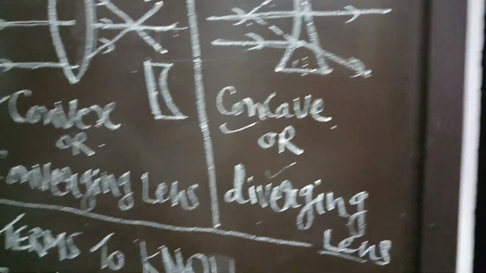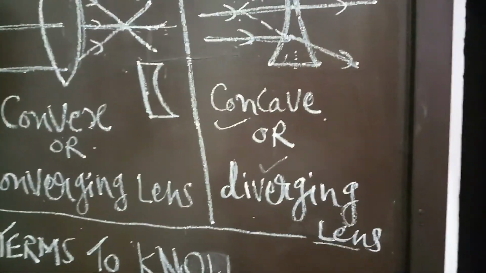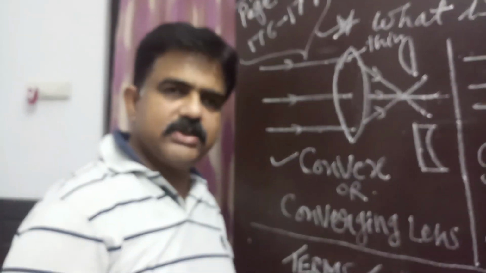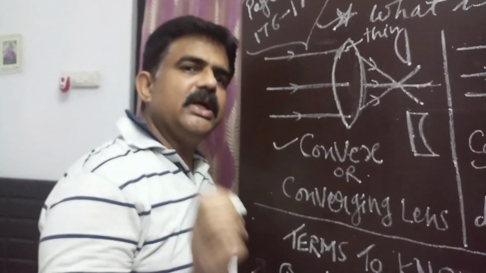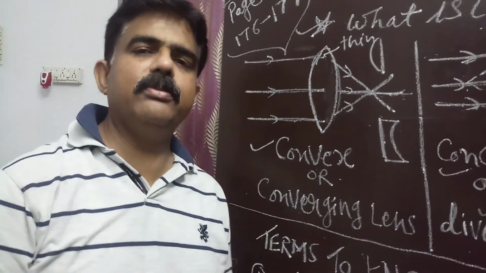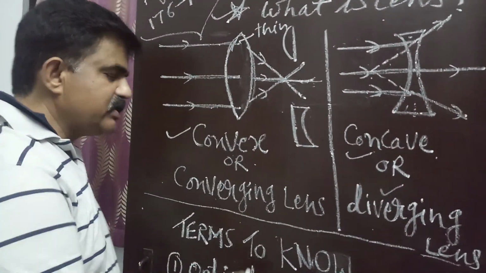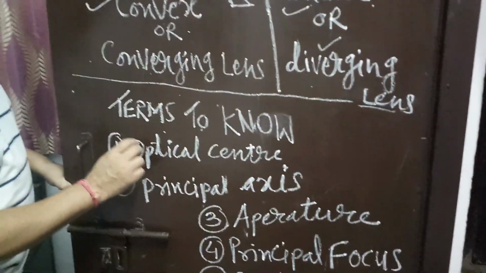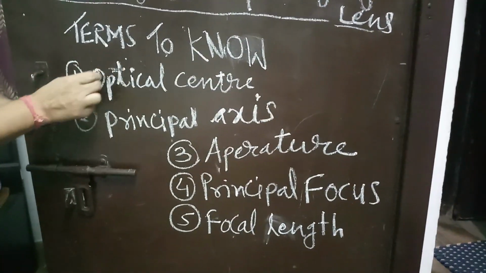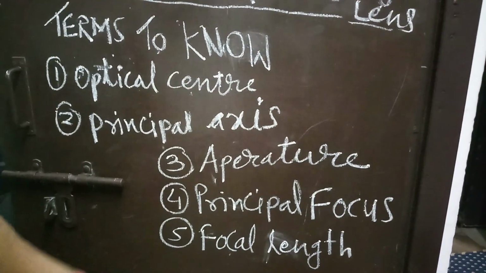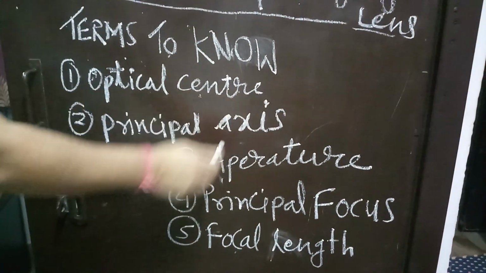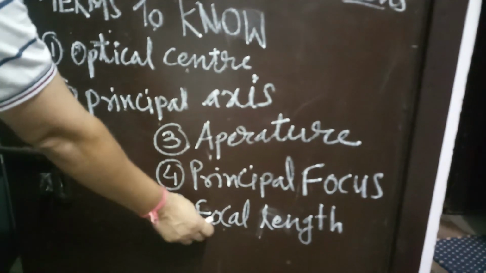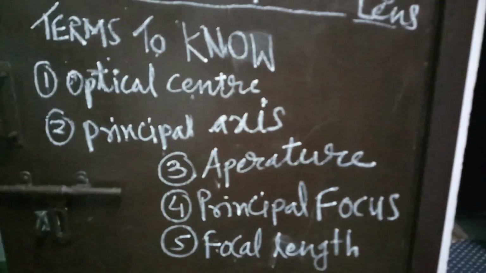Because it diverges the rays, it is called a diverging lens. So we have to study these two lenses, convex or converging, and concave or diverging. Next we study the terms related to the lens: optical center, principal axis, aperture, principal focus and focal length.